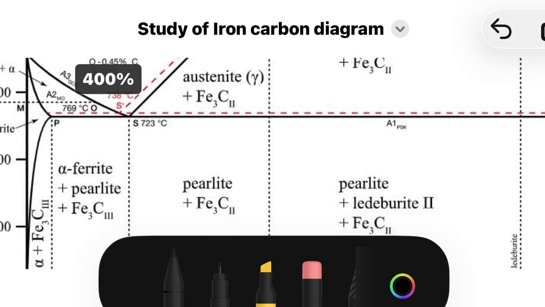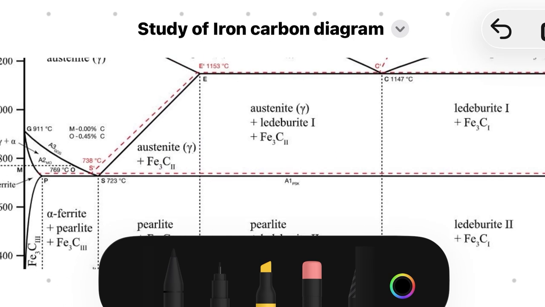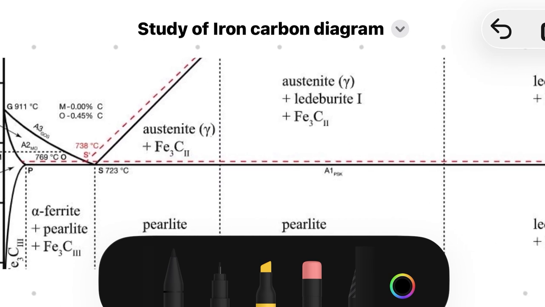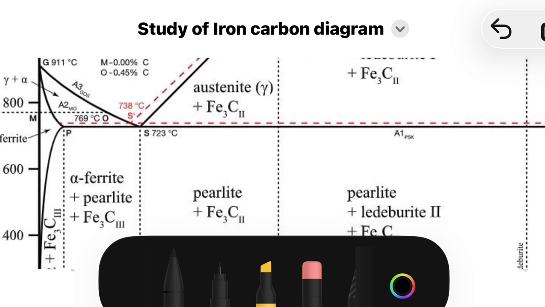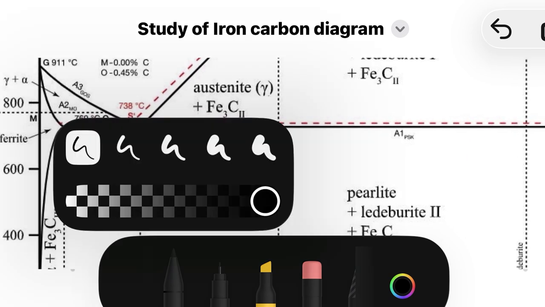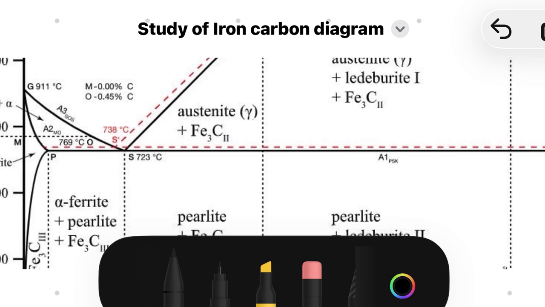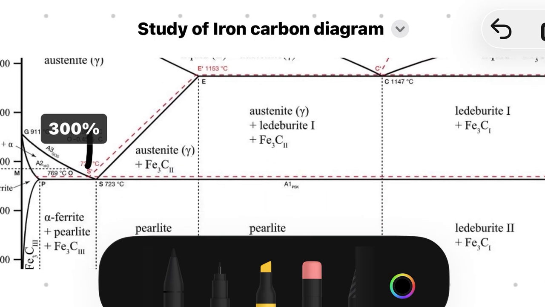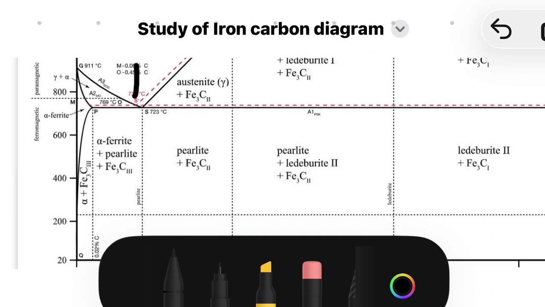And the third reaction is the eutectoid reaction, which happens at 723 degrees centigrade. Here you can see the austenite phase is present. The austenite is transformed to alpha plus Fe₃C.